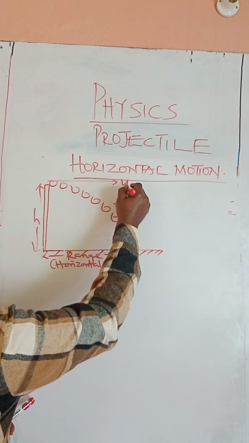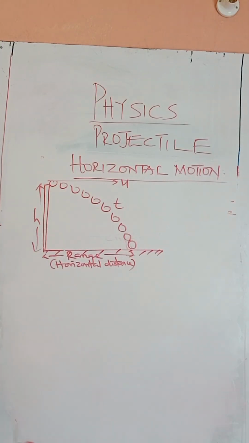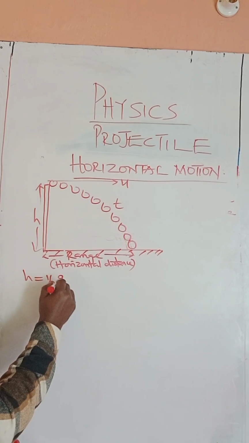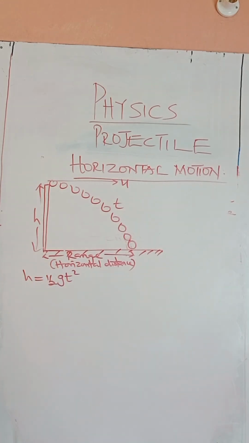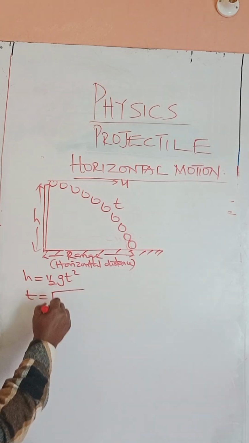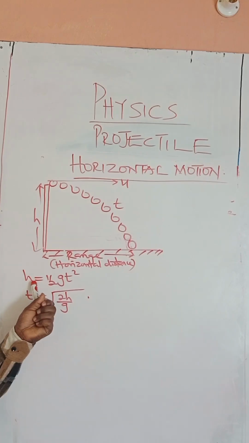You can see this is still the same thing as downward motion. For downward motion, height still remains half g t squared. We use it for horizontal motion. The time also, remember, is the square root of 2h over g. It's applicable for downward motion and horizontal motion.